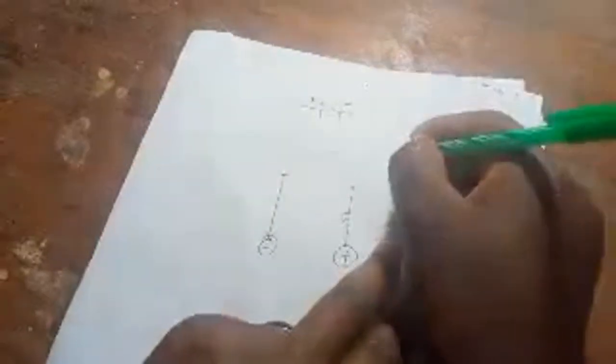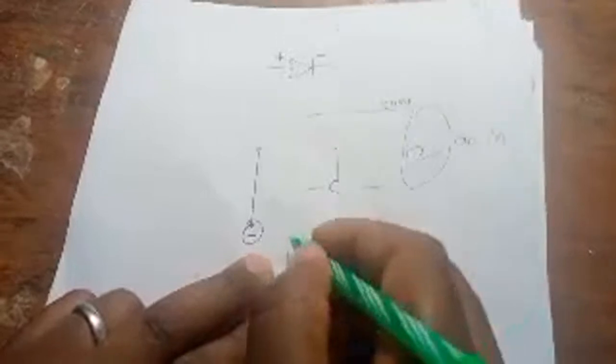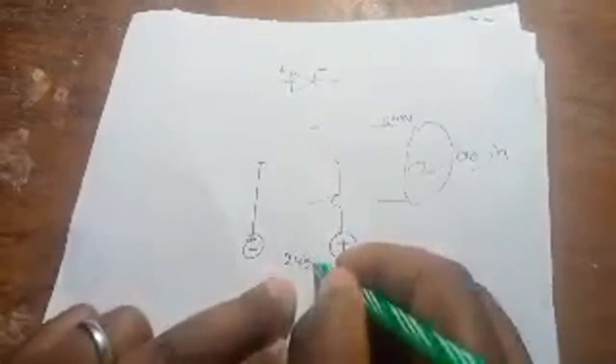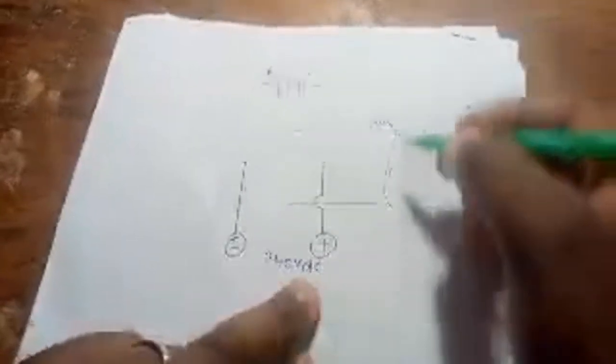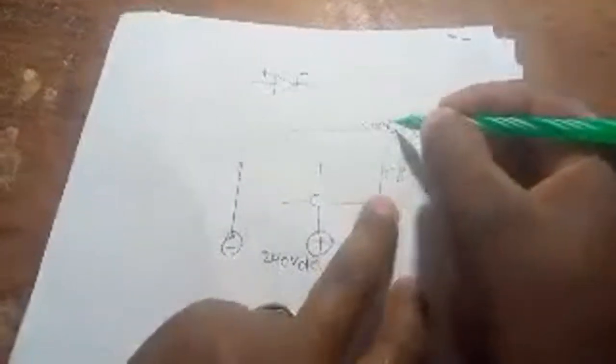AC inaingia 240 volts, tunataka sasa to rectify it using the diode ili iwe DC. This is 240 volts for AC, and these are DC. We want now to transform.